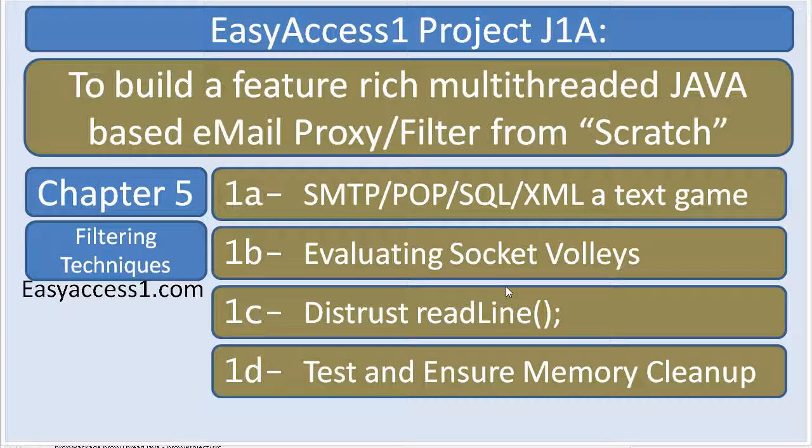In order for us to do our filtering, we'll be evaluating the socket volleys. Now, what's a socket volley? Because I don't think there's a java.volley class. A socket volley to me is like tennis. I need you to start thinking of communication over the internet a bit like tennis. The ball is served and it gets replied to. It gets rebounded.